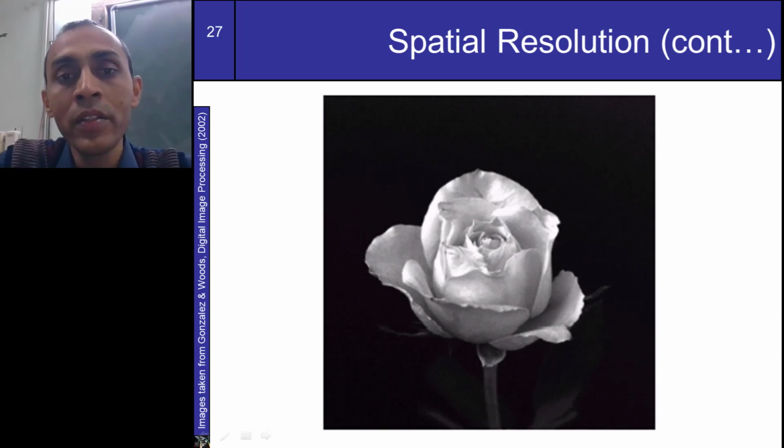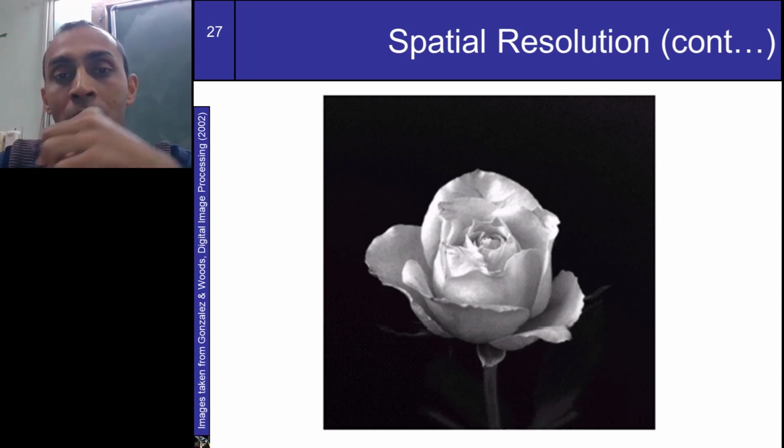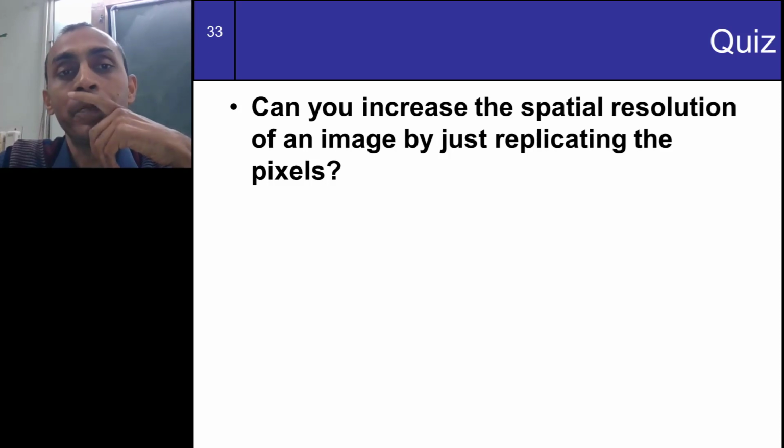Whereas in this image, the details are much more visible, because the sampling was carried out at close spatial intervals. There are many more pixels here which have intensity values.